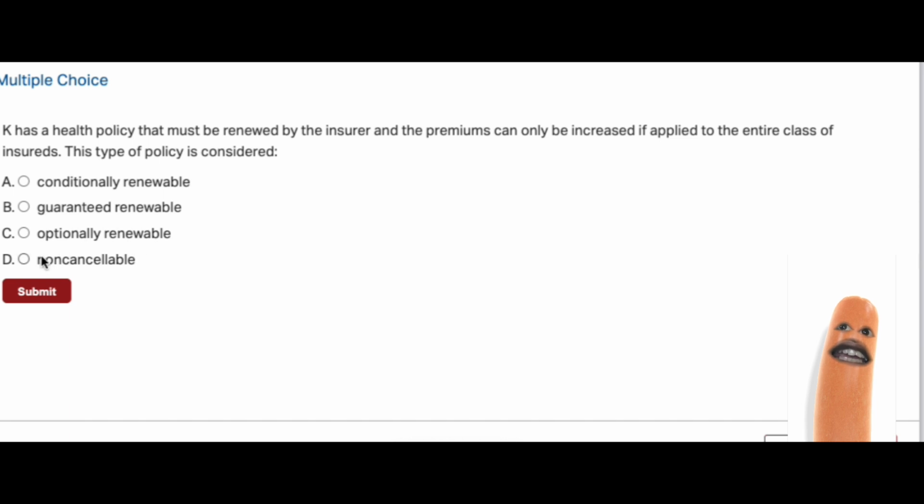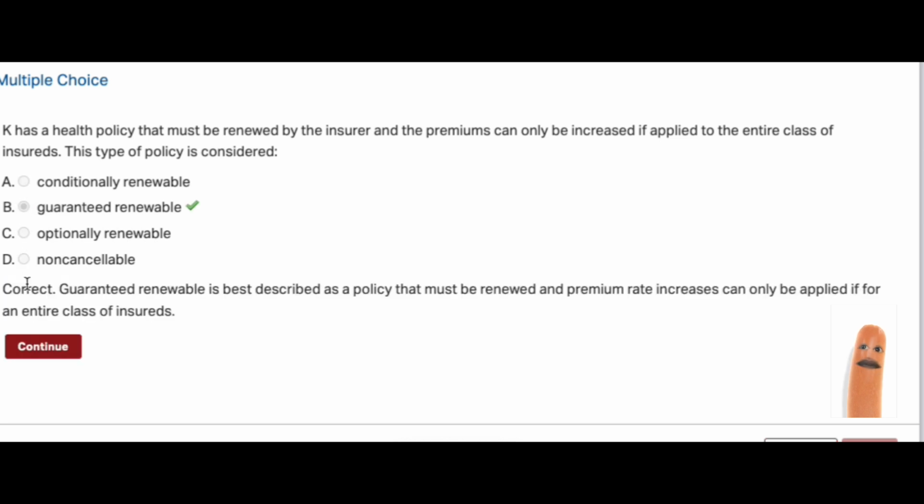See, when it say renewed by the insurer and the premiums only can be increased for the entire class, that's guaranteed, baby. That's guaranteed renewable. B, Bob. Ding! Correct. Guaranteed renewable is best described as a policy that must be renewed, and premium rate increases can only be applied for an entire class of insured. That's right. Next question, please.